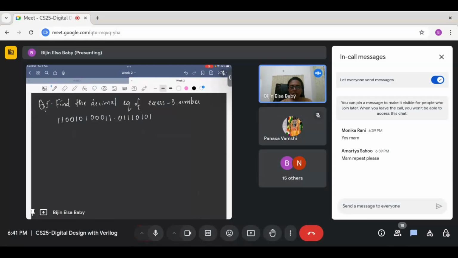In the previous question, a decimal number was given and you had to find the X3 number. In this question, the X3 number is given.